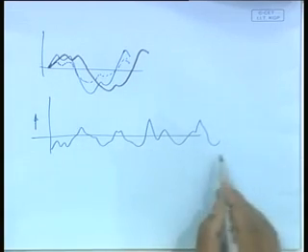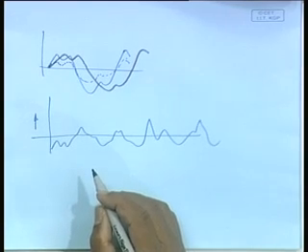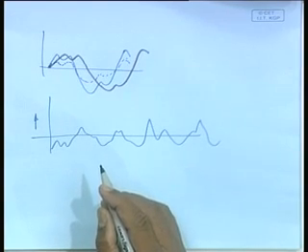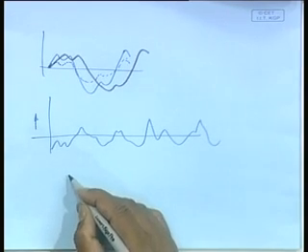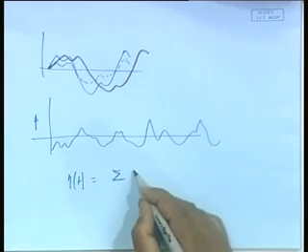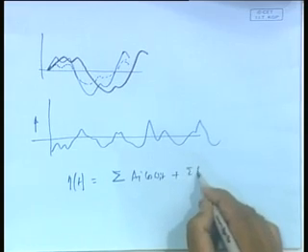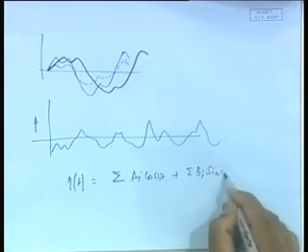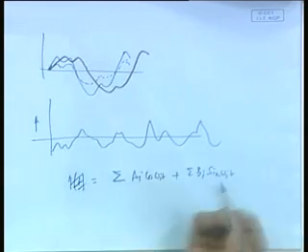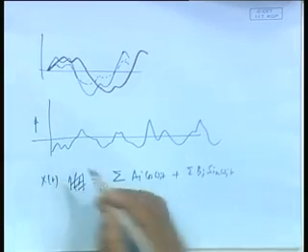Any signal I can always represent in terms of a series of sine and cosine curves. So we will see this concept that eta(t) can be represented as a series of a_i cos(omega_i t + b_i). Actually, I should not call it eta here, let me call it any signal, say x(t).